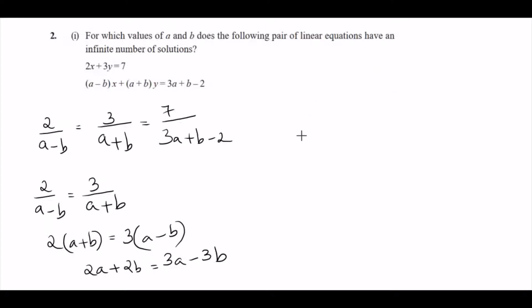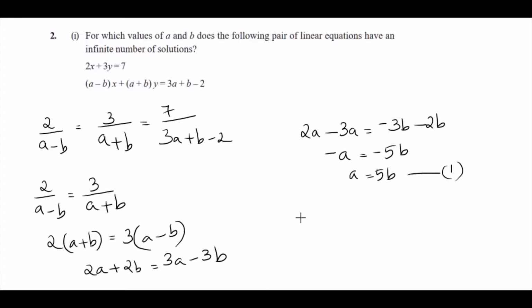Here when you take the coefficients of the same variable to one side, you will get 2a minus 3a is equal to minus 3b minus 2b. That is, 2a minus 3a is minus a, that is equal to minus 3b minus 2b is minus 5b, that is a is equal to 5b.